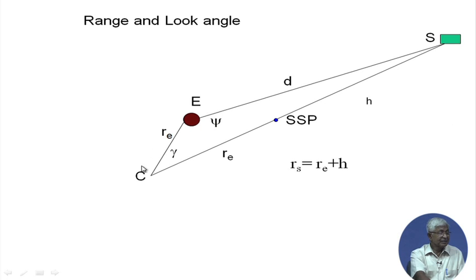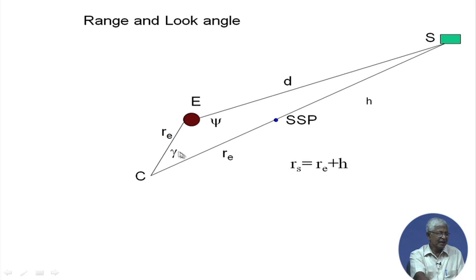So, let us put this diagram in a different way, remove the earth, and we are interested in this triangle where C, E and S is there, and RS is equal to RE plus H, which consists of the subsatellite point. RE is CE, ES is D, gamma is the central angle, and psi is 90° plus elevation.